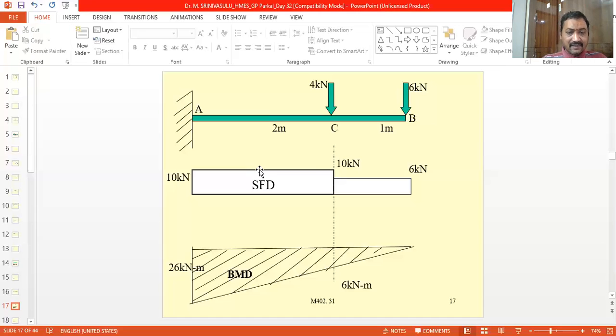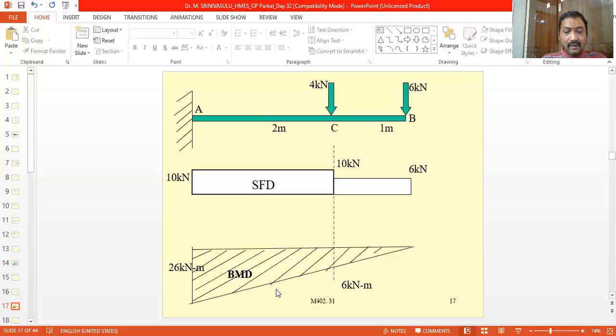So this figure is the shear force diagram, and moreover, the value of the shear force on the beam is above the zero value. Therefore, all the shear force is shown above the horizontal line, that is, above the zero line.